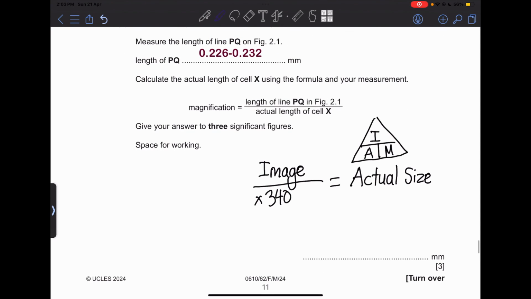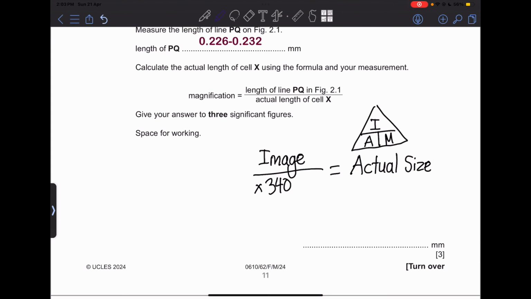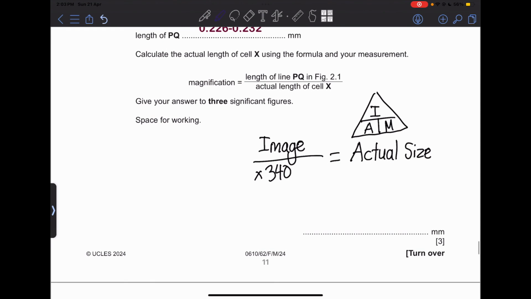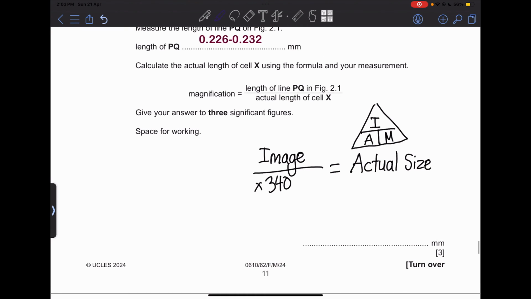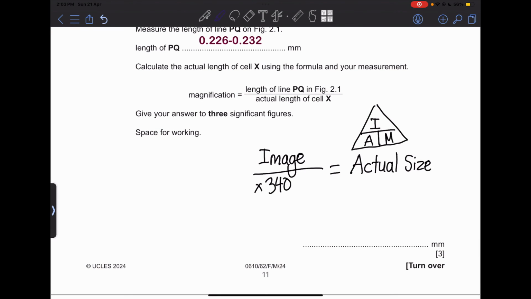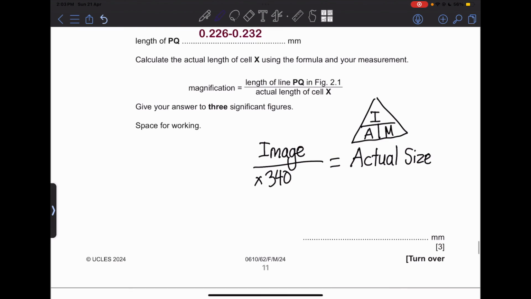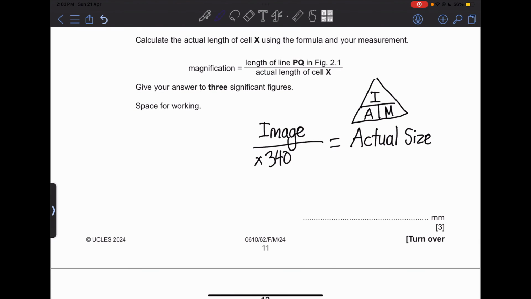Calculate the actual length of cell X using the formula and your measurement. Magnification equals the length of line PQ in figure 2.1 divided by the actual length of the cell. Give your answer to 3 significant figures. Now, of course, I can't solve this question because I don't have a paper and a ruler, but we know that there is the triangle IAM that I always explain in my videos.